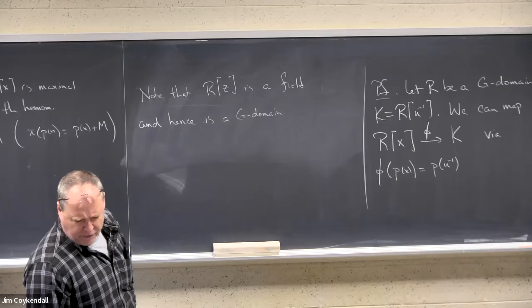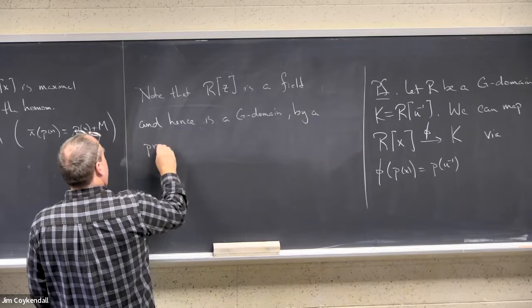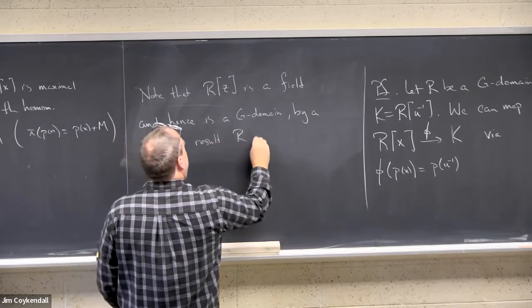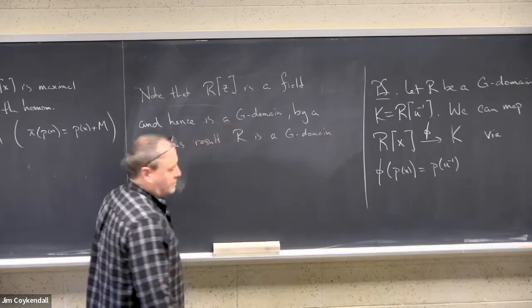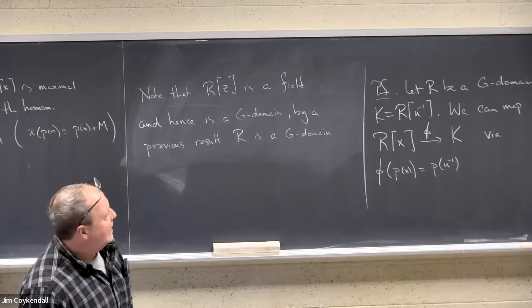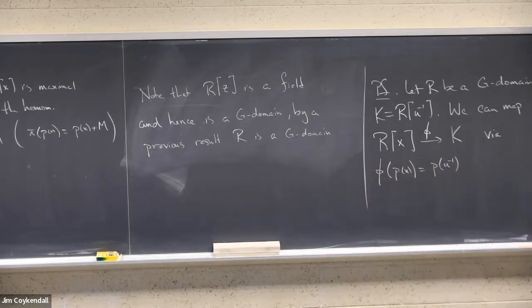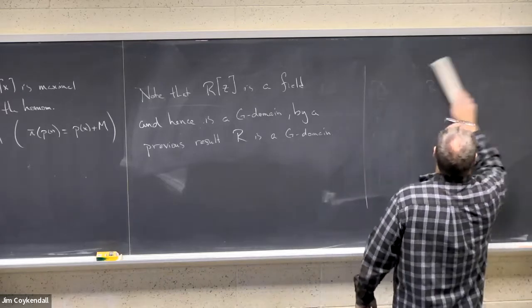So by a previous result, R is a G domain. And there we go. This is kind of an important characterization: being a G domain means that you have a maximal ideal of a polynomial ring that intersects in zero with the coefficient ring.